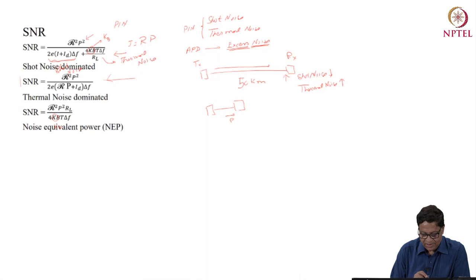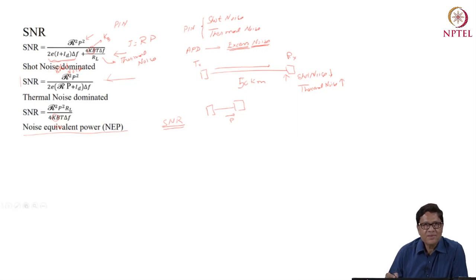Now let us understand the noise equivalent power of the photodiode. Suppose you are calculating SNR, with some signal power and noise power. If the signal power and noise power are the same, that is the quantum limit. If the noise power is more than the signal power, I cannot detect my signal.